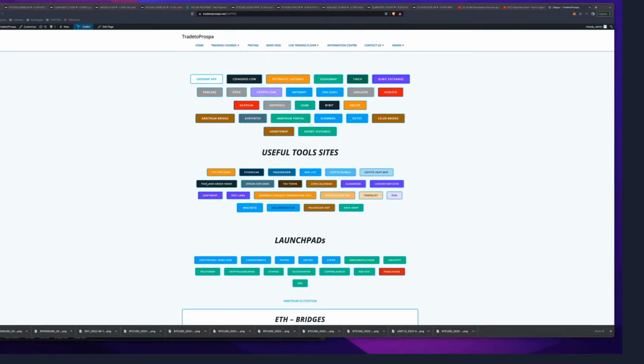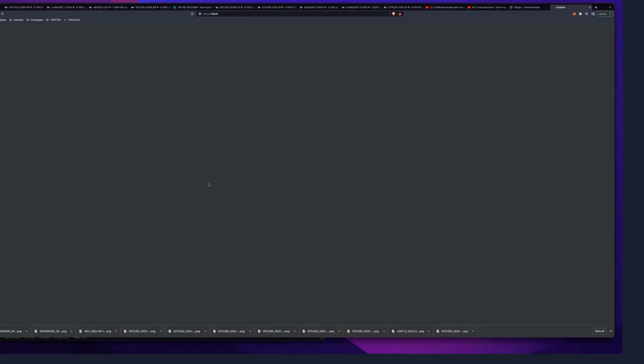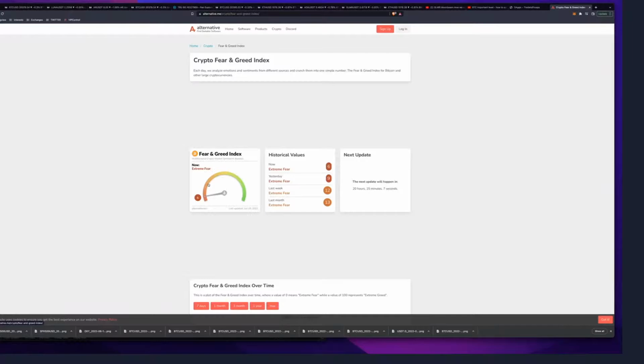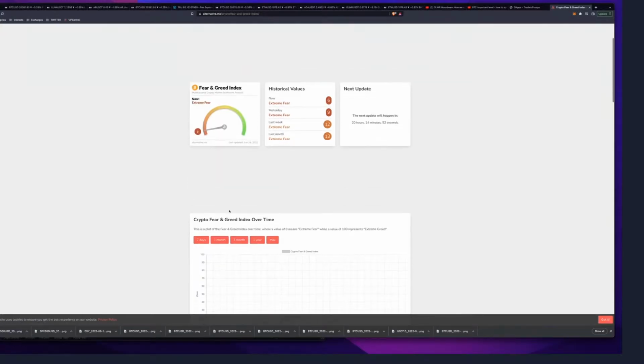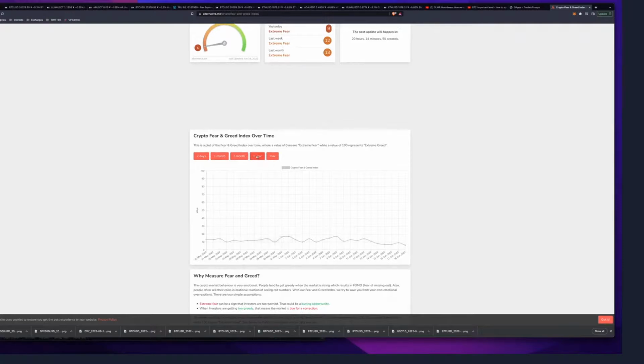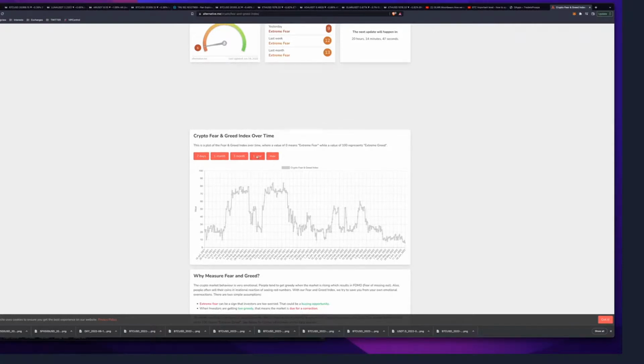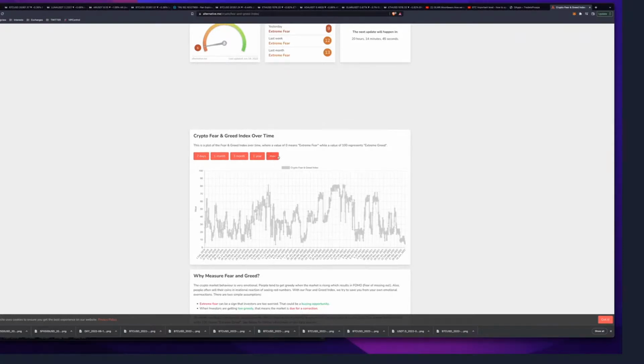I'll give you an example, right? Fear and greed. Well, I haven't looked at this for a while. Ooh, okay. It's at 6, extreme fear. I didn't realize it was that low. Yeah, let's see how this works. Where's the chart for it? Here we go. Let's look at the yearly. Let's look at the maximum. Let's see what it does.